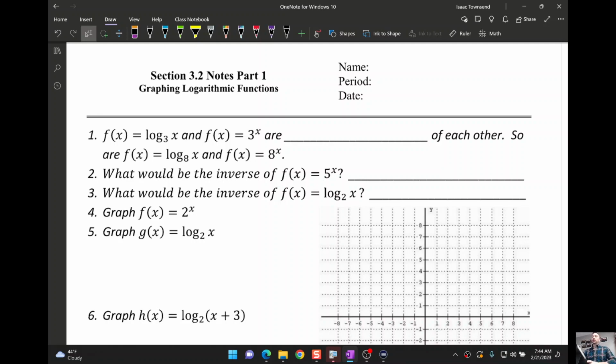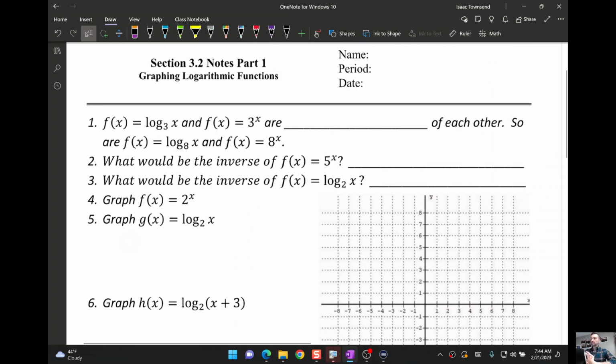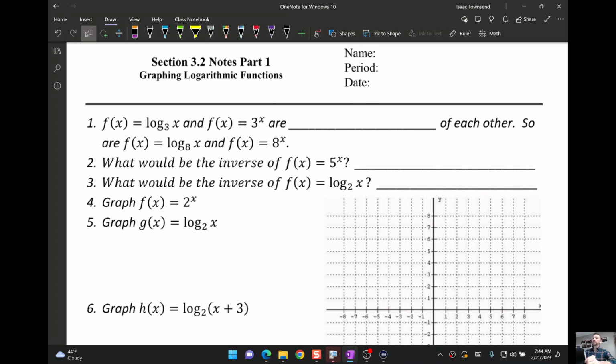In section 3.2, the first part here, the shorter one, we're going to talk about graphing logarithmic functions and describing a little bit about the graph. We did the same thing with exponential functions, but this one we're just going to do a whole page on.